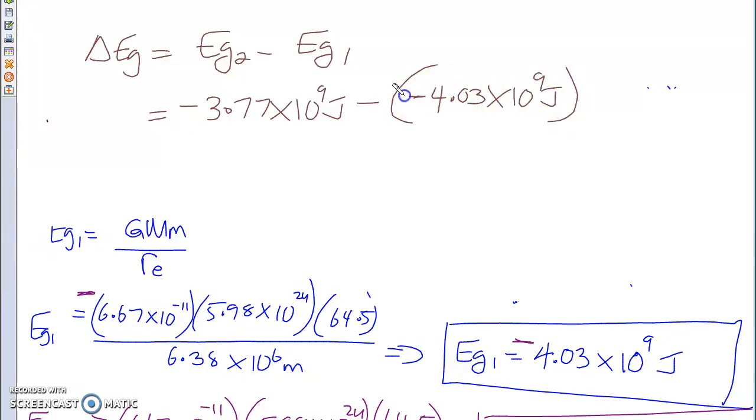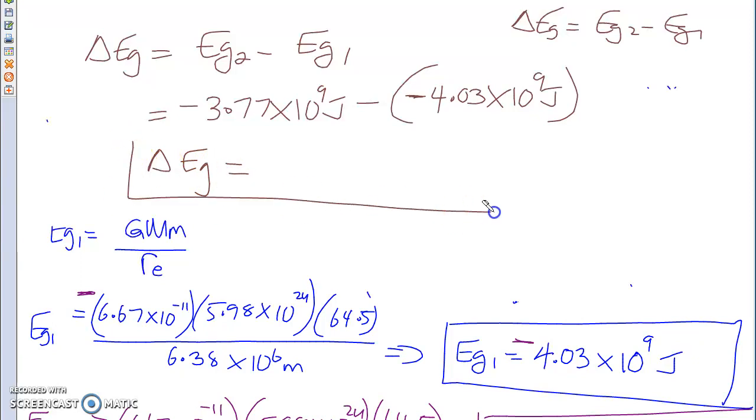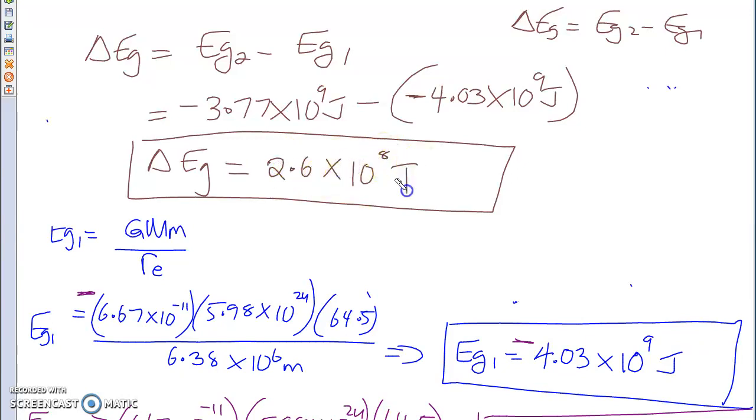That's what our formula said, negative minus negative. So what do you end up with for the change in energy? Of course, it's going to be a positive answer. It's 2.6 times 10 to the power of 8 joules.